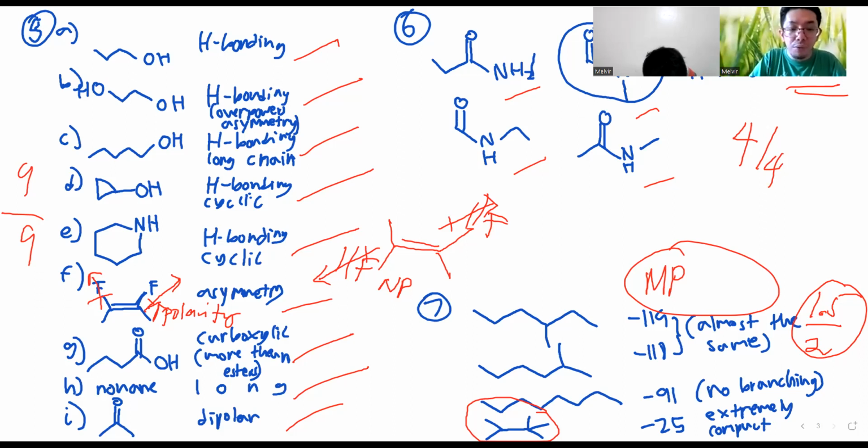But you're still doing good kasi sa number 6, 4 out of 4 pa rin. Tapos, sobra ka nga ng isang punto sa isang item, di ba? 1.5 over 2. Ayan. Okay. You're doing really, really good for this part.